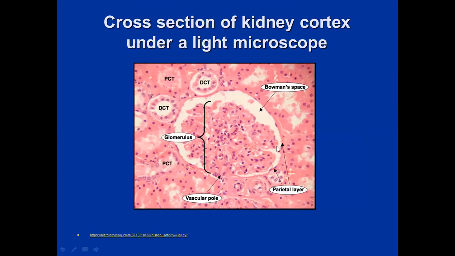This would be Bowman's capsule, and you can see the space between the two layers of the walls of the Bowman's capsule. Don't worry about that. Then there's a distal convoluted tubule in cross-section, another distal convoluted tubule in cross-section, and there's a proximal, there's a proximal.